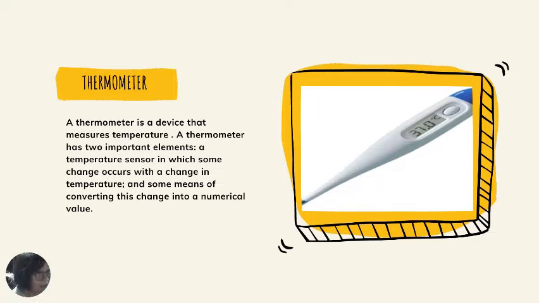A thermometer is a device that measures temperature. A thermometer has two important elements: a temperature sensor, in which some change occurs with a change in temperature, and some means of converting this change into a numerical value.